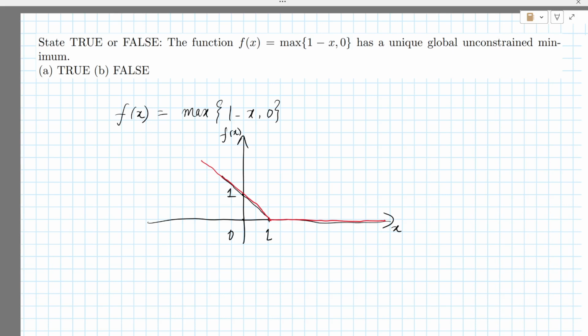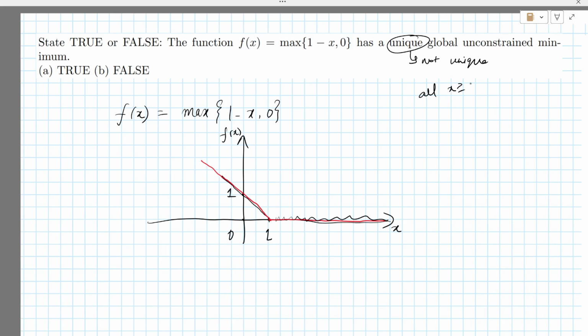So the global minima is at all these points, right? So it does not have a unique global minimum.